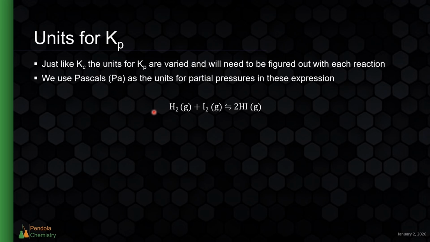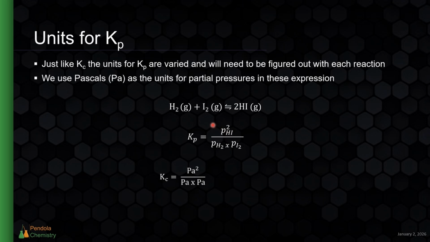So the units for these partial pressures are going to be in pascals, meaning that when we do something like this, a reaction that we're doing in 8.3, P squared HI over P H2 times P I2. When we do this reaction, we want to find the units for Kp. What we're plugging into here is no longer moles per cubic decimeter, because we're not using concentrations.